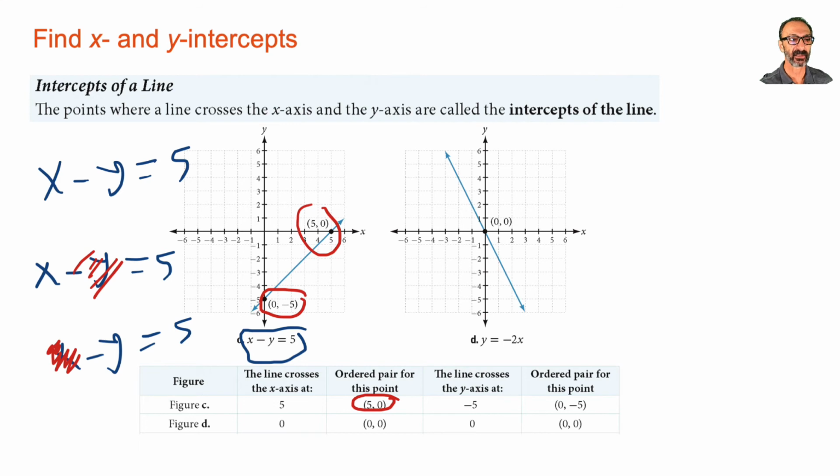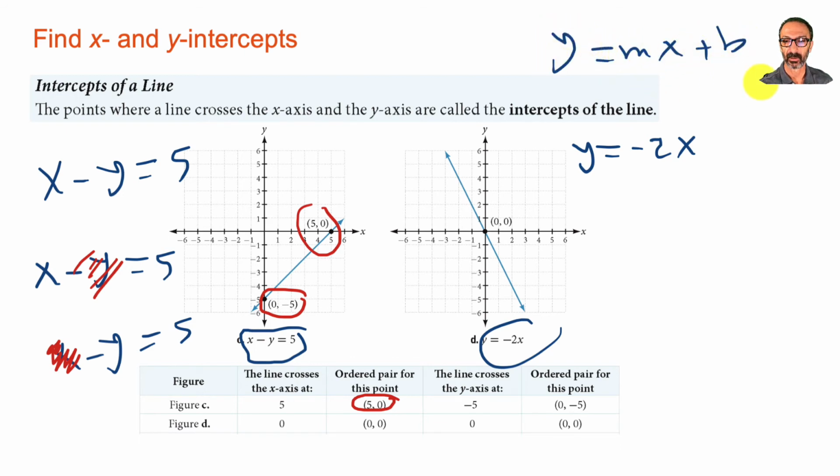Now, as I said, let's come to the second one, which is more interesting. It's y equals negative 2x. To me, it looks like y equals mx plus b, but b is 0, because it's not written, so b is 0.